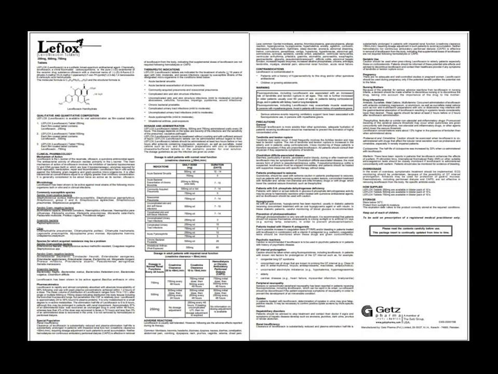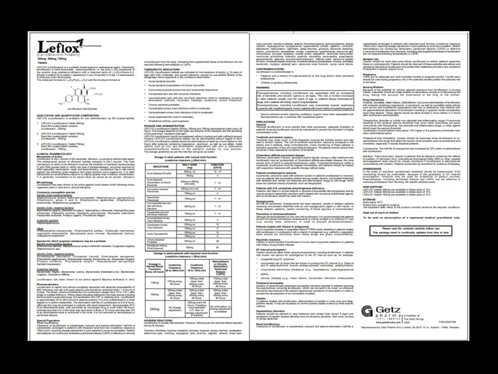The dosage guideline as per the infection is given as under. Dosage in adult patients with normal renal function, creatinine clearance greater than or equal to 50 ml per minute. For acute bacterial sinusitis, 500 mg given for 10 to 14 days or 750 mg for 5 days.